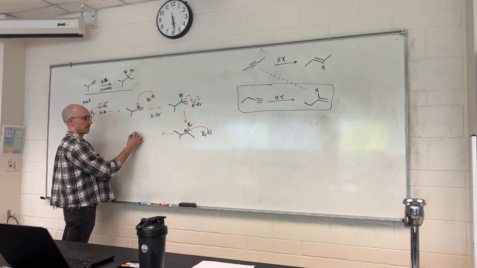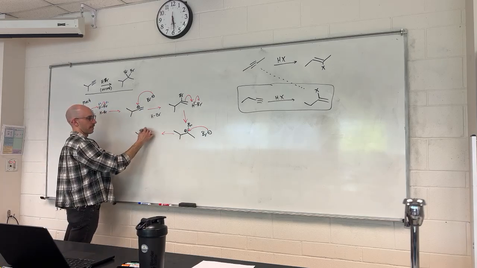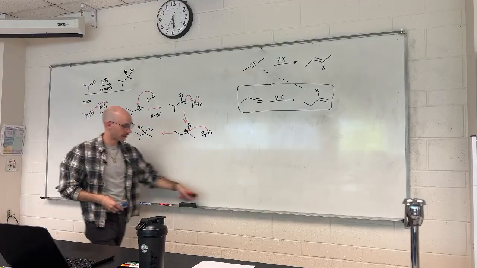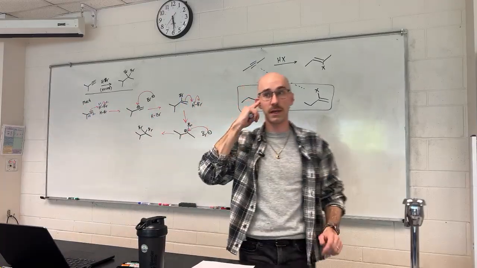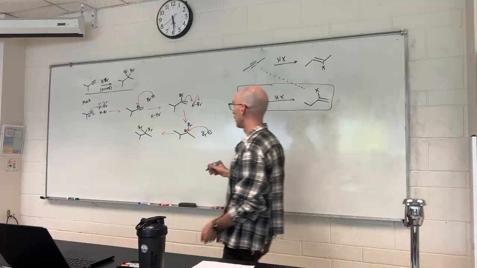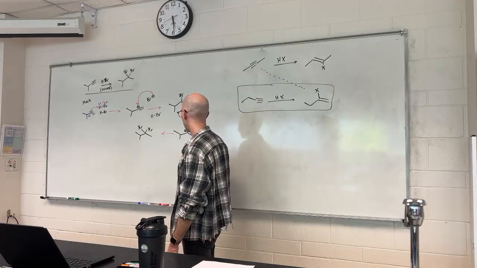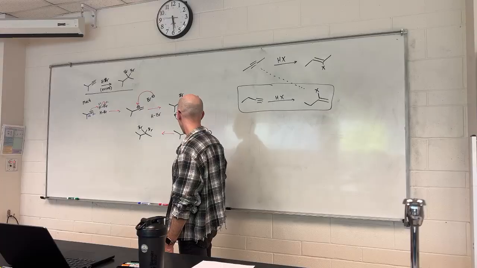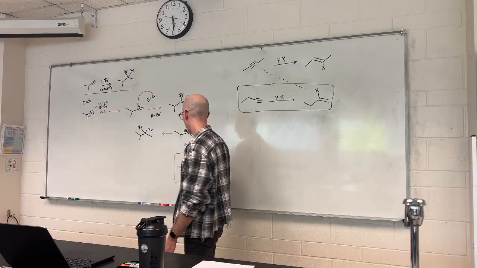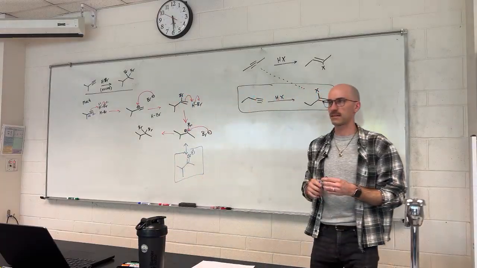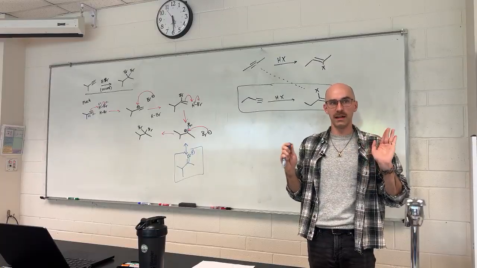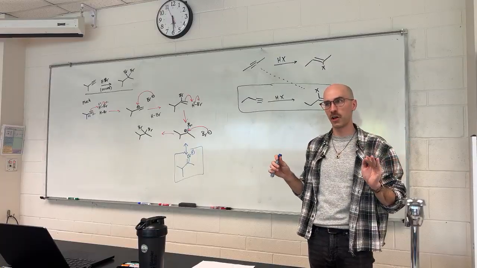And I can validate that carbocation better than any other, because that carbocation actually has a resonance contributor. It's not a very good resonance contributor because bromine doesn't really want to share its electrons all that well.